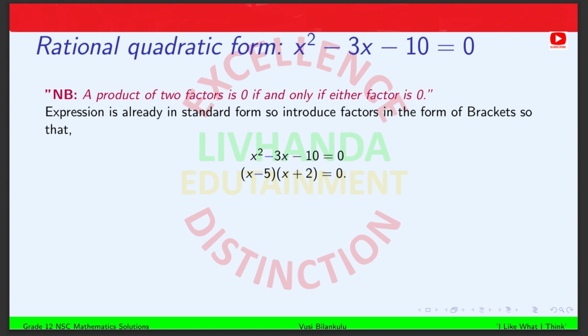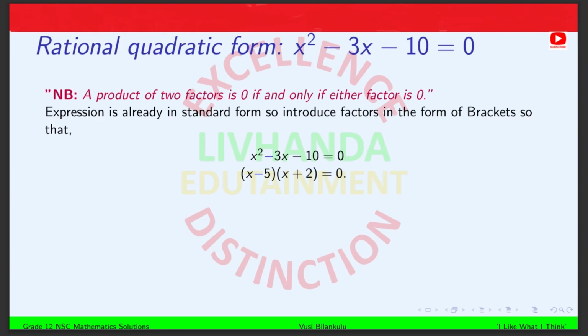Suppose the problem is to find singular values of a rational quadratic form defined as x squared minus 3x minus 10, as in this slide. To do this, first, note that the expression is already in standard form, and the sign of the middle term is negative.